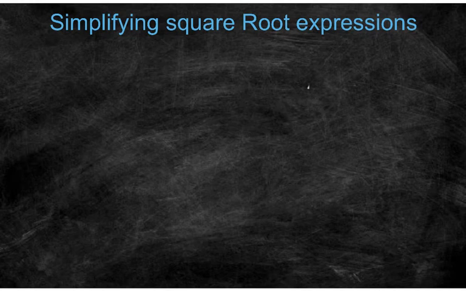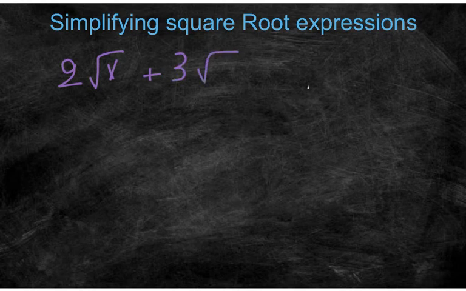So let's say I have 2 square root x plus 3 square root x. To simplify this expression, let's first add these numbers, 2 plus 3.